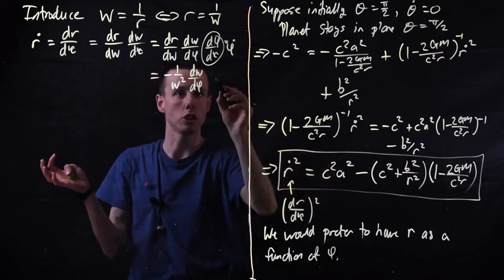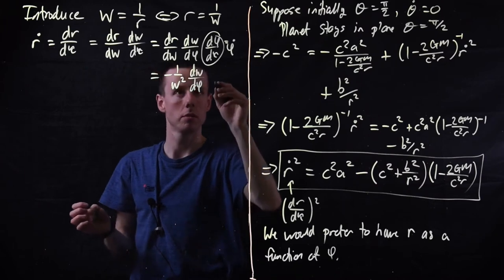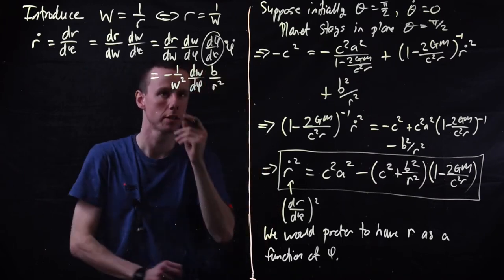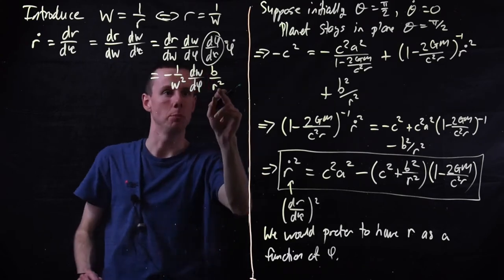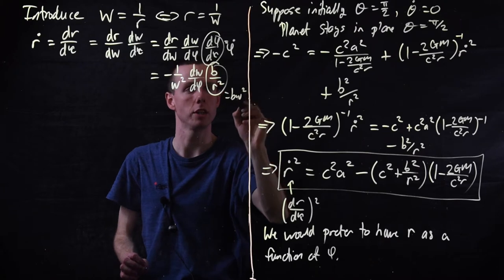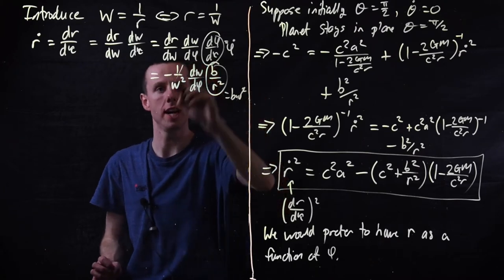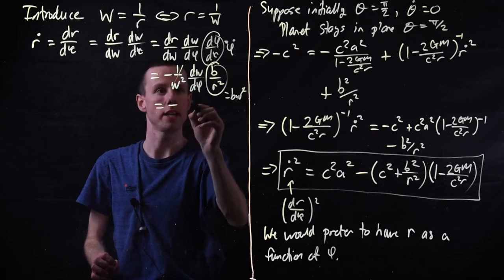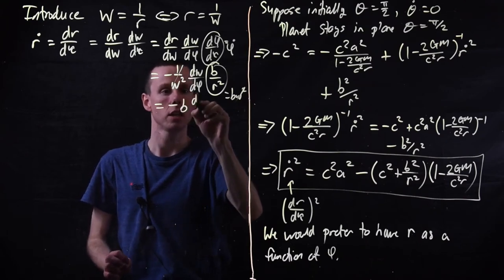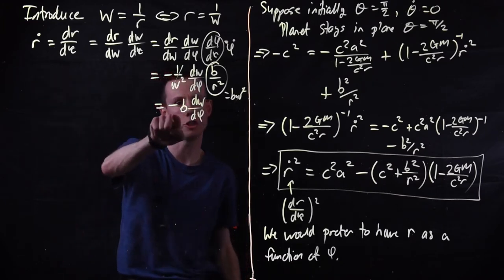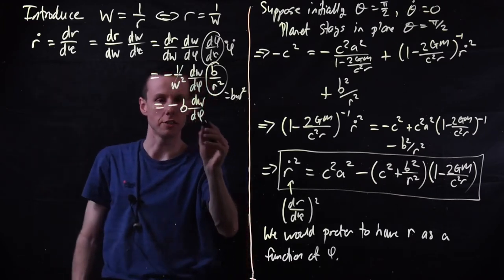It was just b over r squared, but b over r squared is just b w squared. So that w squared cancels, and you've just got that r dot is equal to minus b dw d phi.